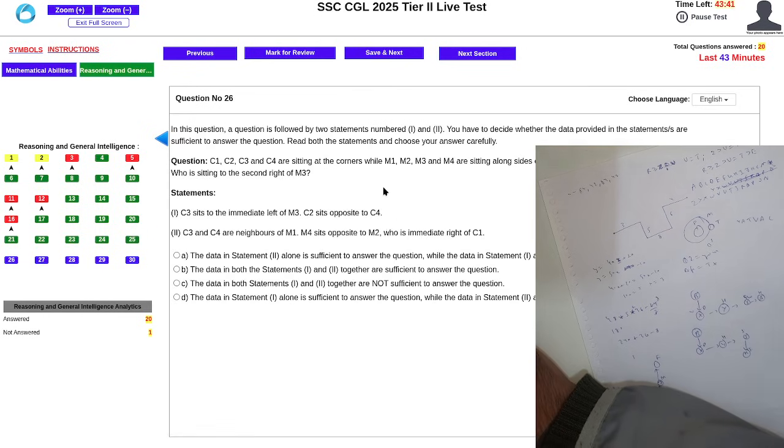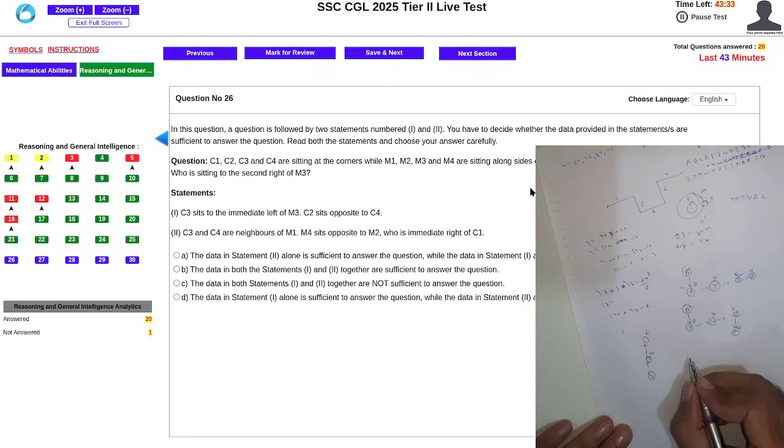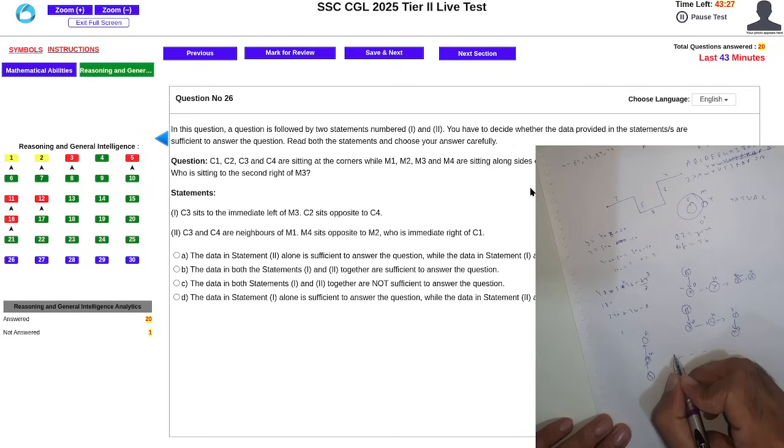Question. We are sitting at the corners and along the sides of a square table facing away from the center. 8 places: 1, 2, 3, 4, 5, 6, 7, 8. C3 sits to the middle left of M3. C2 sits opposite to C4.